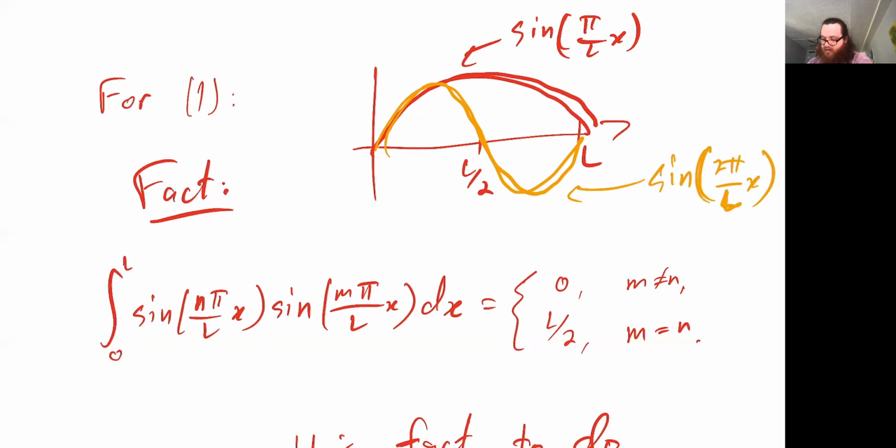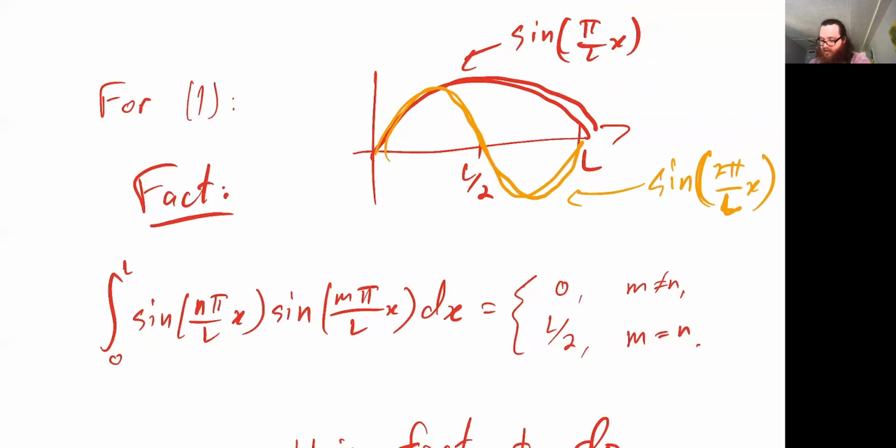Because here, when x is equal to L over 2, we're going to get sine of pi over L times L over 2, which is sine of pi over 2, a quarter of the way along the sine curve. And so that's going to be the peak. Sine is equal to 1 there.